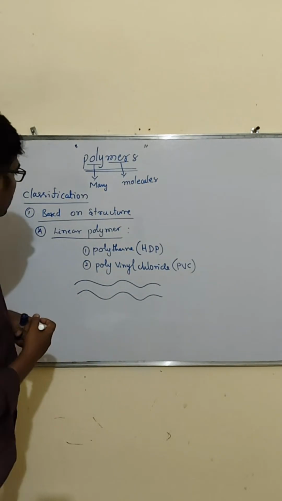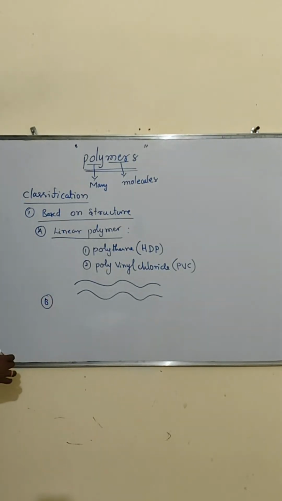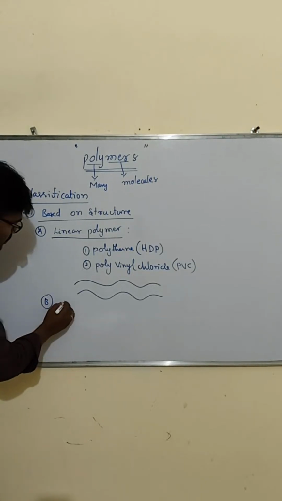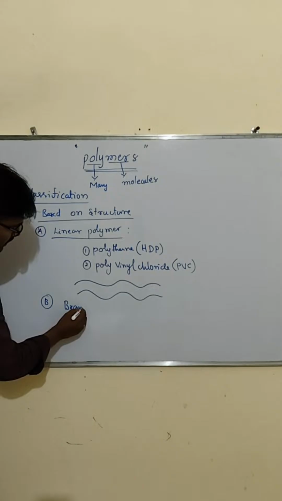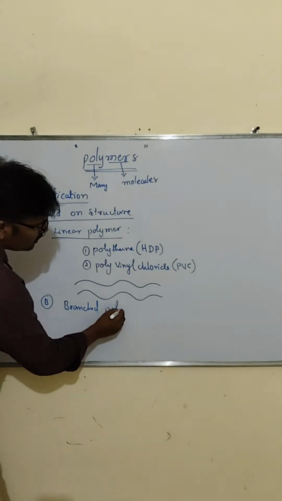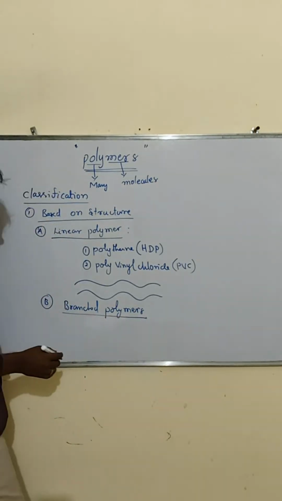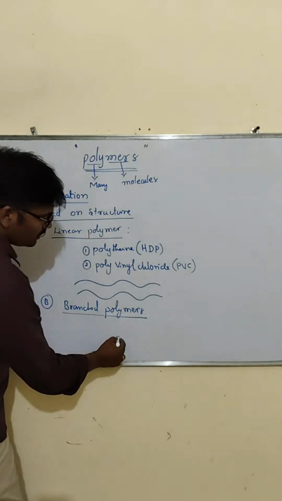The next one, second one in that is branched polymers. So branched polymers or branched chain polymers we call. So what are the branched polymers? So branched polymers nothing but, so look at the structure.